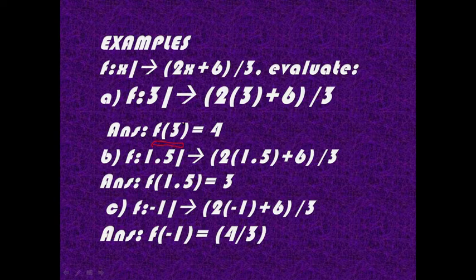So you can write 4 divided by 3, or solve it in your calculator. So f of minus 1 will be equal to 4 divided by 3 for this particular function.